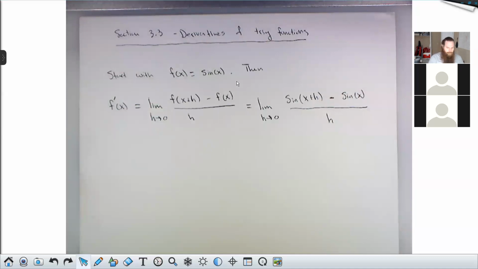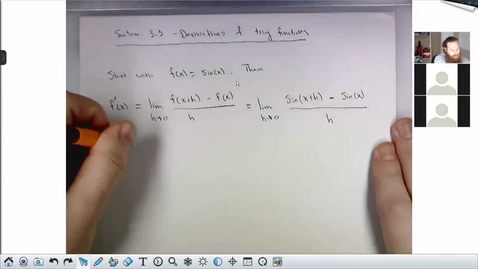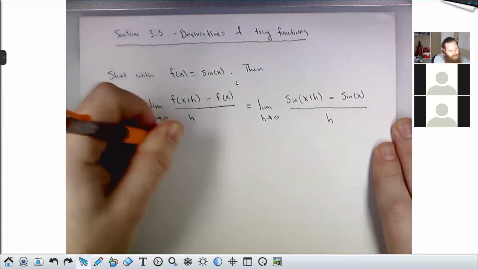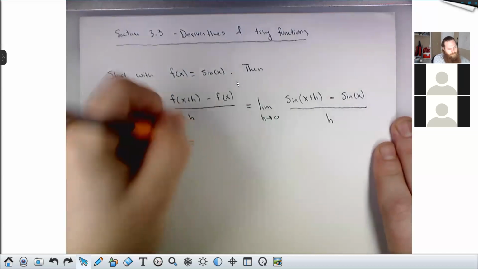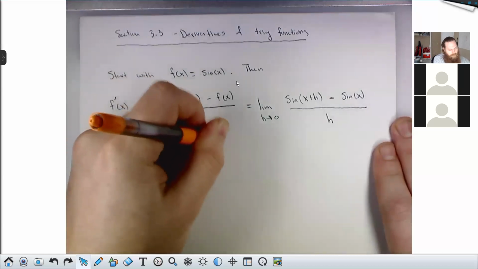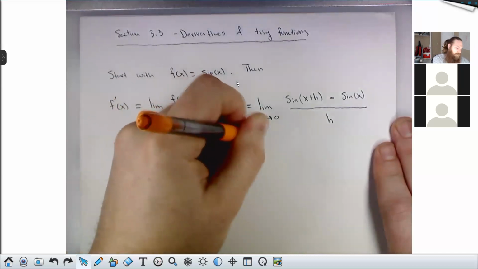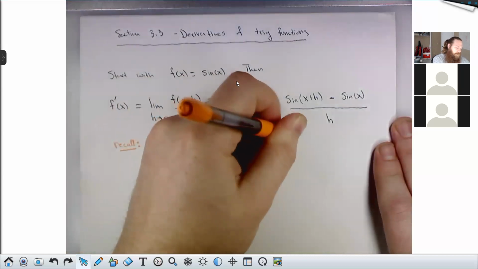So, what is the sine of x plus h? Well, in your trig class, you learned a formula for the sine of a plus b. This was the sine of a times the cos of b plus the cos of a times the sine of b.